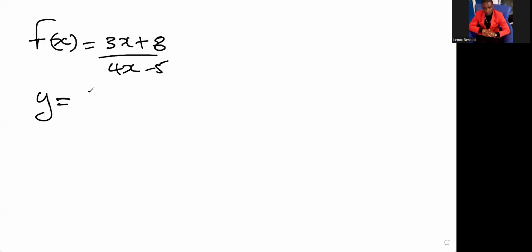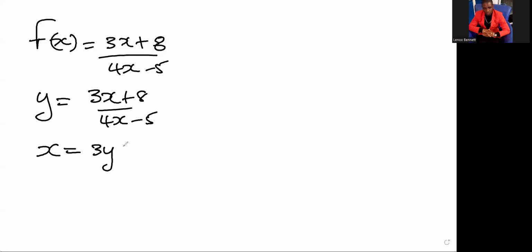So it will be y is equal to 3x plus 8 over 4x minus 5. Next thing, interchange x for y and y for x. All right, so if you notice, we have y in the denominator and y in the numerator.